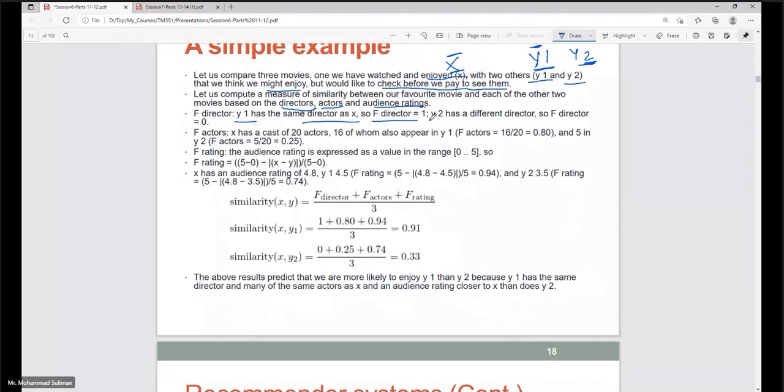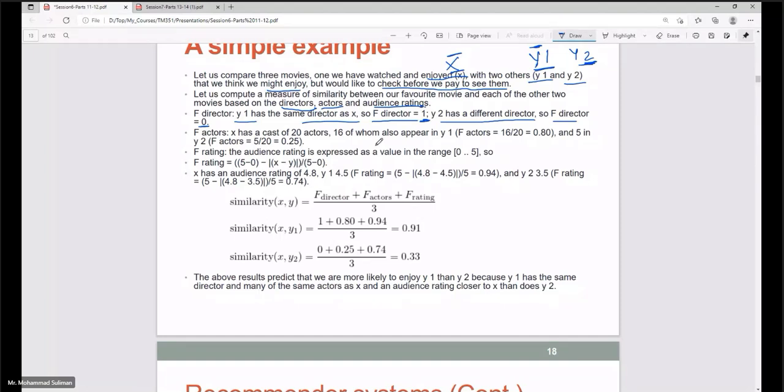Y2 has a different director, so the director factor is 0 compared to X. That's a non-numerical value, so we'll take 0 or 1.